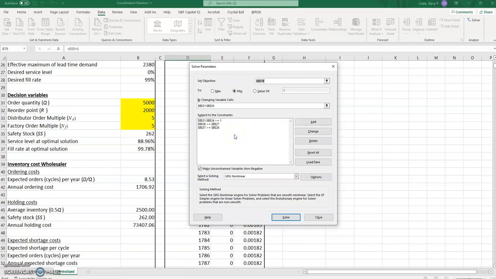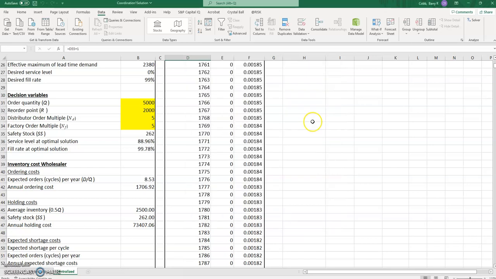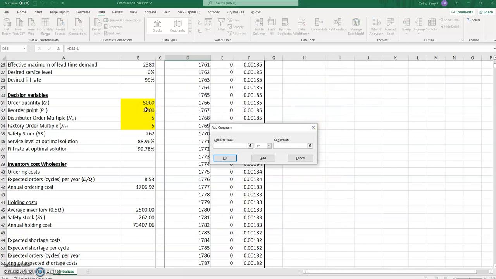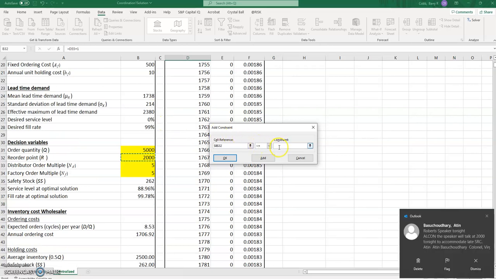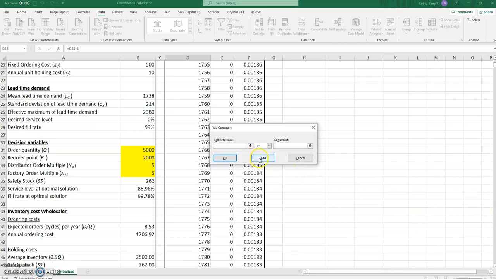Now we're going to put some other constraints in to help Solver in this case. We're going to add a constraint that says that the reorder point is less than or equal to the effective maximum. And then add a constraint that the reorder point is greater than or equal to the mean lead time demand. That will help Solver zero in on the solution.